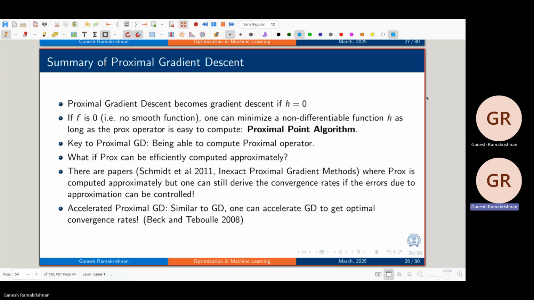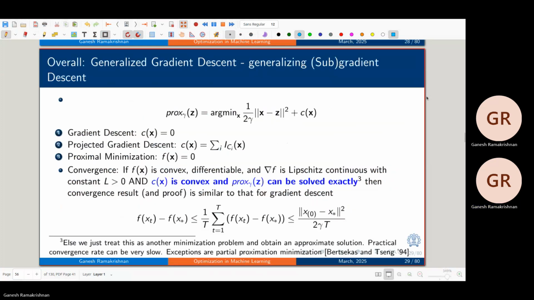If f is 0, we will not spend time on that. So there is accelerated proximal gradient descent and its analysis by Beck and Teboulle to accelerate gradient descent. What I'll do in the next few slides is just glimpse through what this accelerated generalized gradient descent does and its convergence analysis.